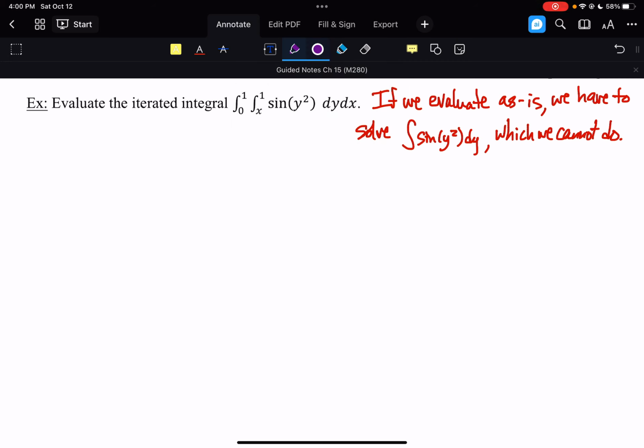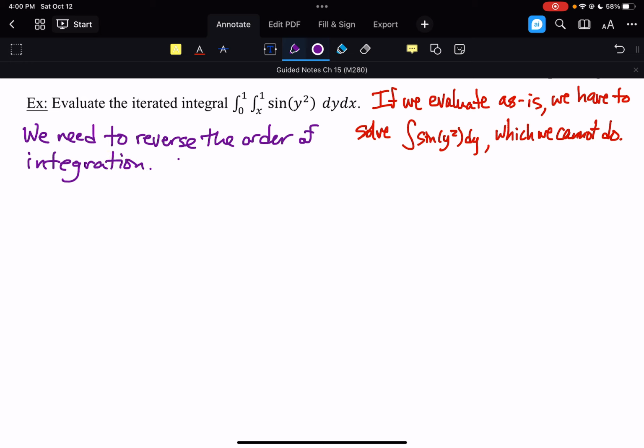So what we need to do is look at how we can possibly switch. So we need to reverse the order of integration. So let's take a look at the region.